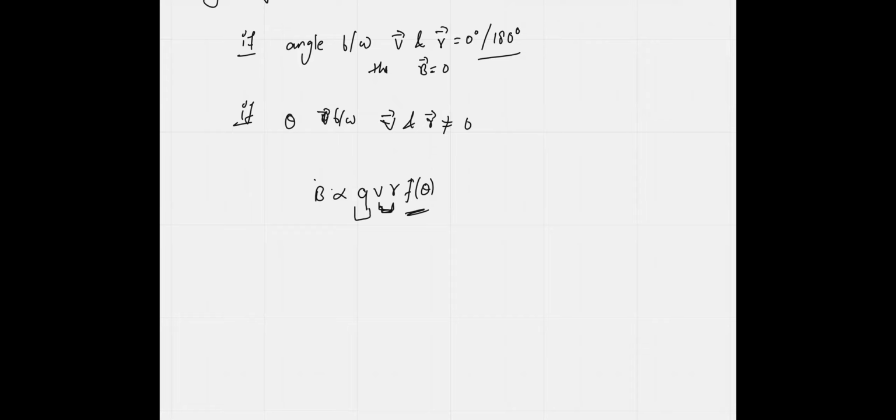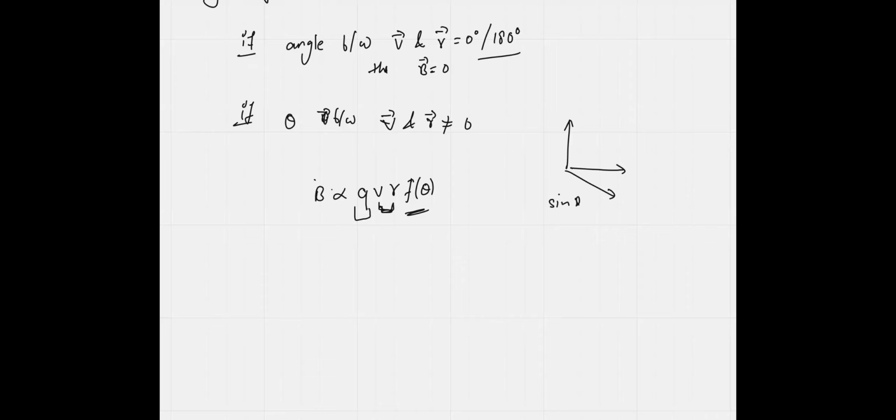Yes, sir. Okay. So you know one thing, that this B is actually perpendicular to both of the things. Could you remember any function whose participation of two parameters leads to a third parameter which is perpendicular to each other? Could you think of something? Sine theta.